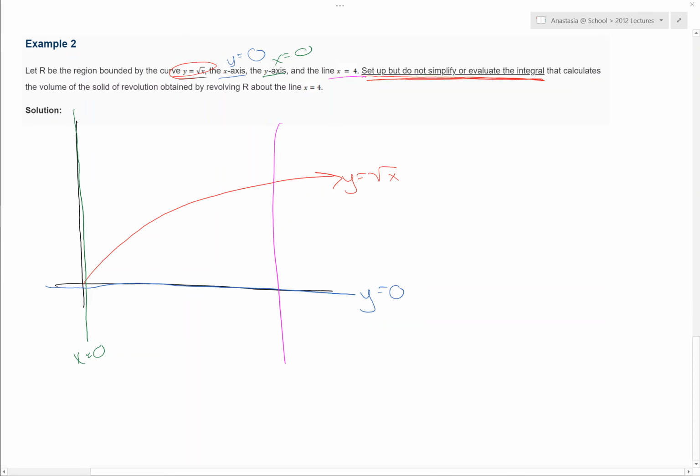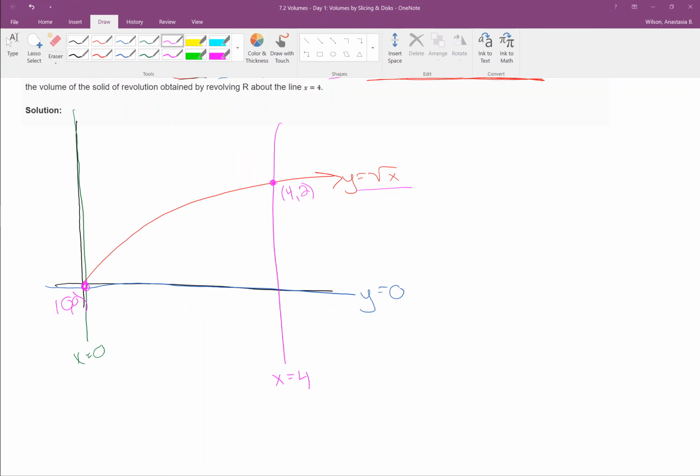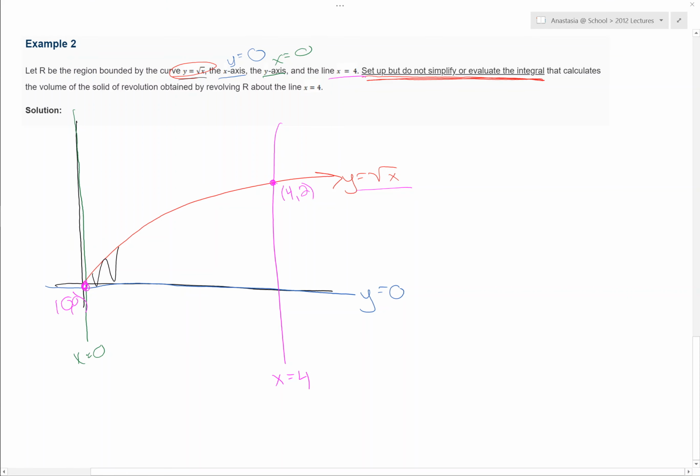So that's going to be a vertical line here, x equals 4. This intersection point is very important. When x is 4, y is 2 because it's on the square root of x. We'll also have an intersection at the point 0, 0. The region that is bounded by all of this stuff is going to be this region here.